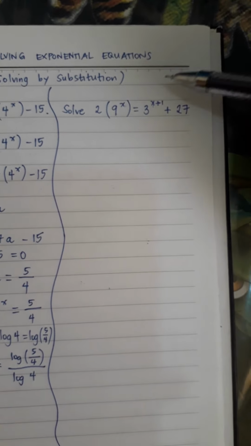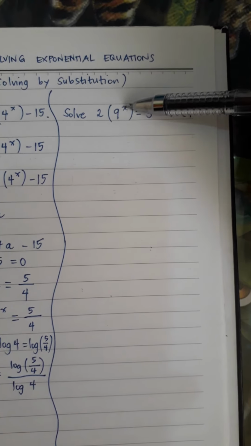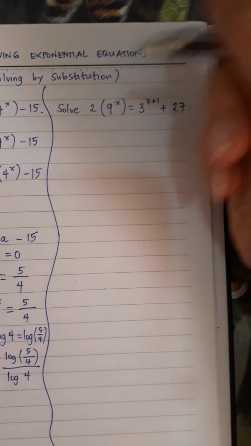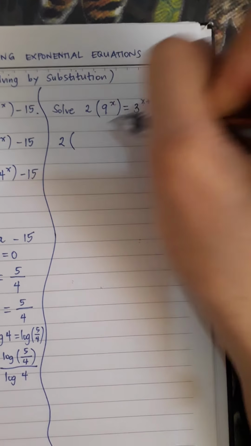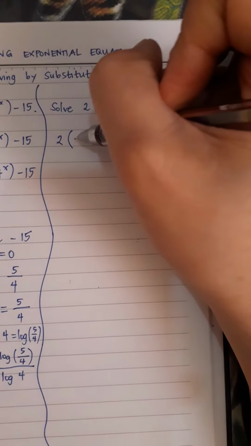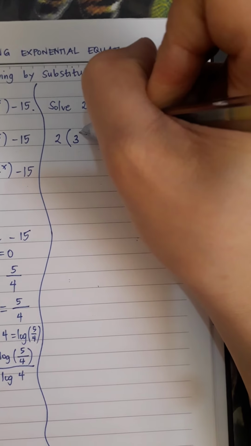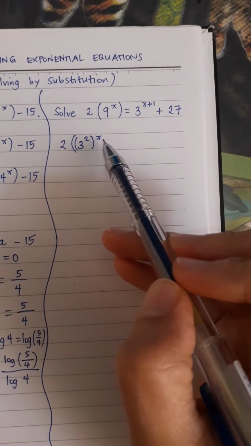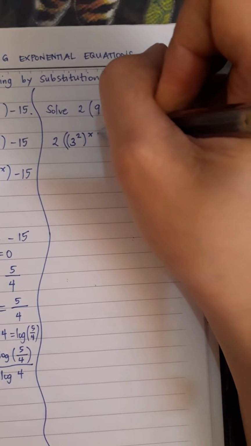So, that will be our first step. We change 9 to the power of x as a power with base 3. So 9 is 3 squared. So instead of 9, we write 3 squared to the power of x. So 9 to the power of x is this now.